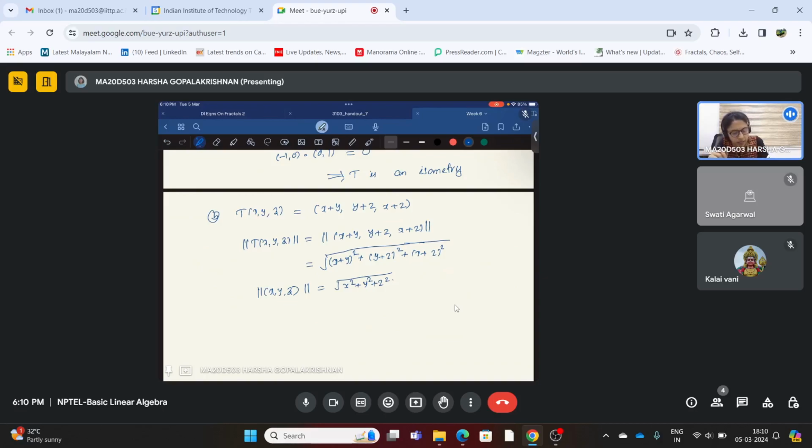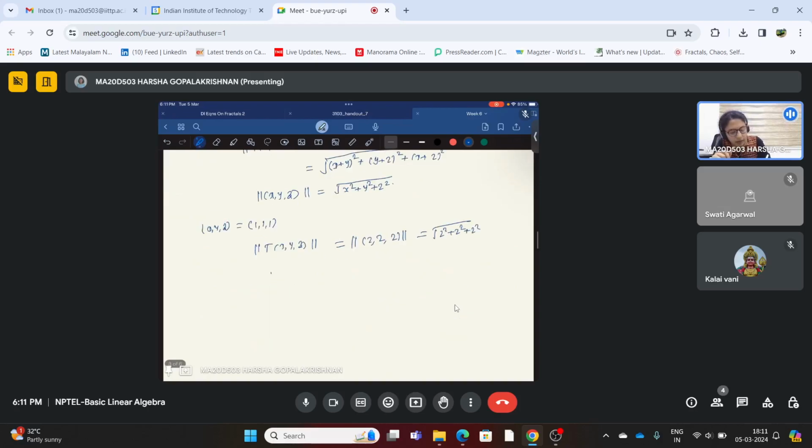For example, if I am taking the value 1 1 1 as xyz, what will I get? Norm of T of xyz will be 2 2 2, and it will be root of 2 square plus 2 square plus 2 square. At the same time, what is norm of xyz?